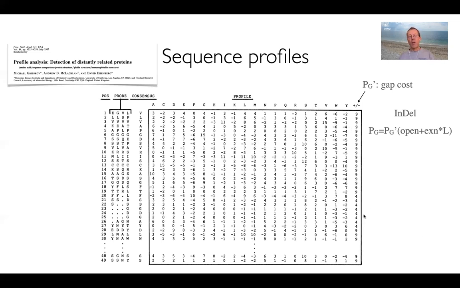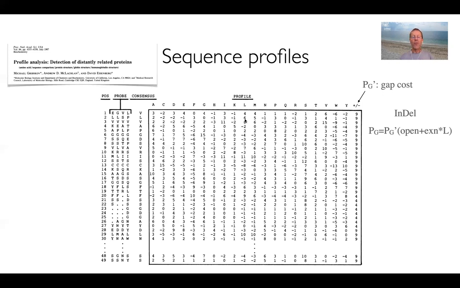And you can get an optimal alignment in the same way as you do with sequence versus sequence alignments. But now the profile itself, this PSSM part, makes your alignments much more sensitive, because it focuses the alignments on the well-conserved residues, rather than treating every residue in the alignment on an equal footing as you do if you just align one sequence to another.